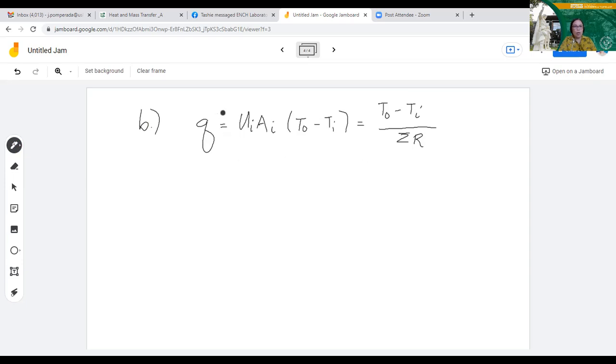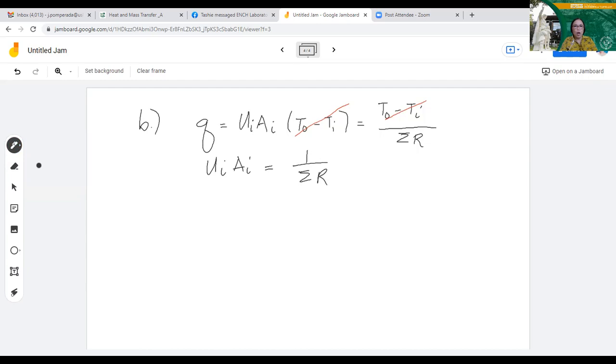In this case, class, we are not really interested in the Q for now, but rather in this particular relationship: U sub I, A sub I, times the quantity T sub O minus T sub I is equal to this. I think you could see what is common between two equivalent quantities. Your T sub O minus T sub I is present here, and it's also present here. That would leave us with a simplified relationship that would lead us to the U sub I that we need. And that is U sub I, A sub I is equal to 1 over the summation of resistances.